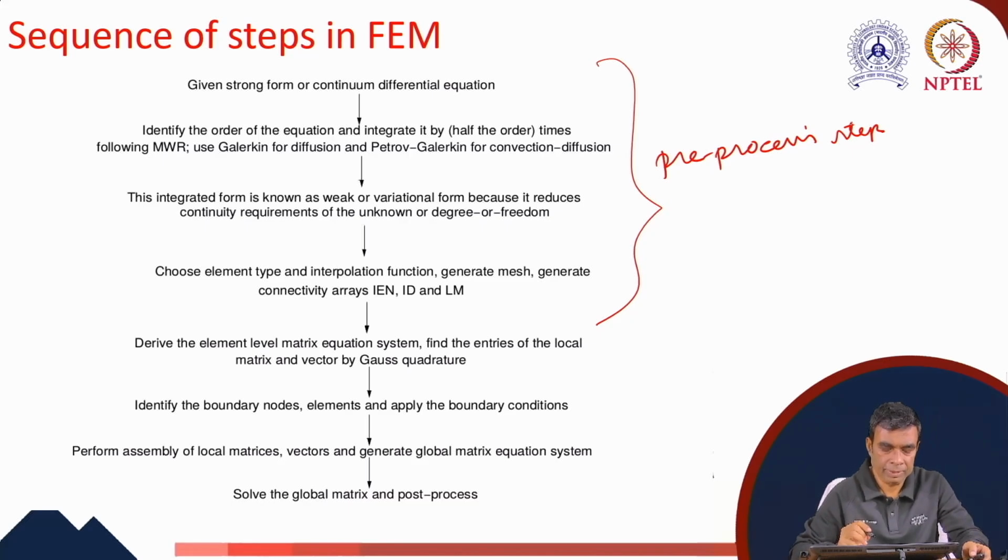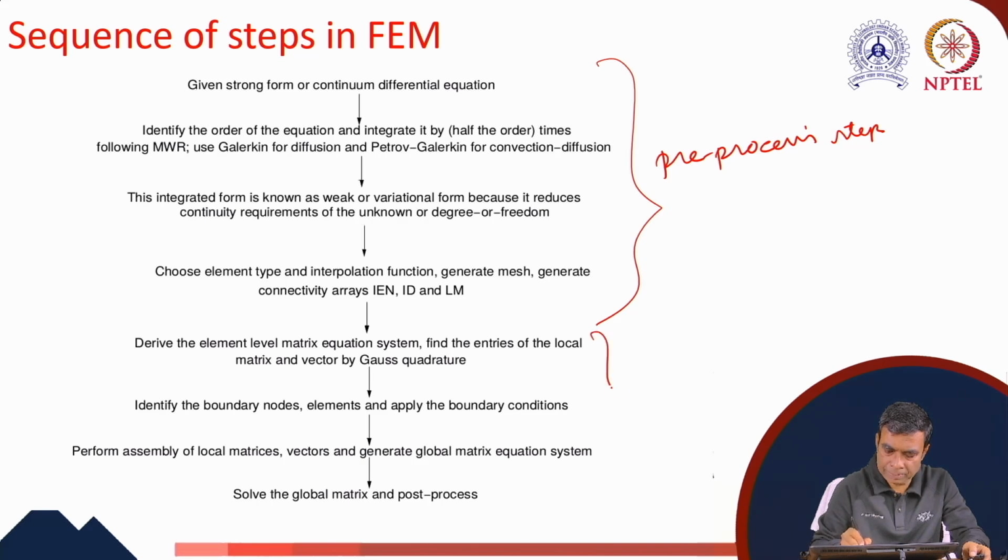Next, this derivation of the element level matrix equation system, and then calculation of this matrix entry and vector entry by Gauss quadrature, and implementation of boundary condition, and then assembly procedure. This leads to the processor step.